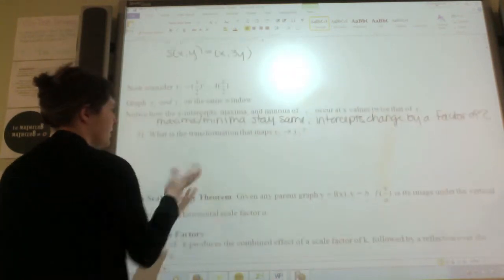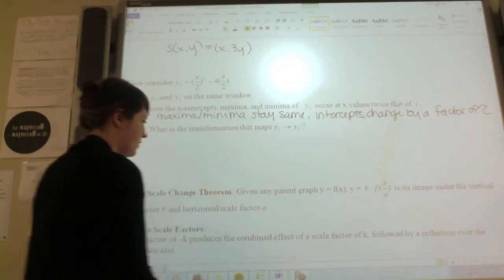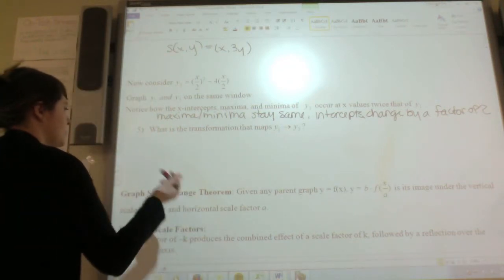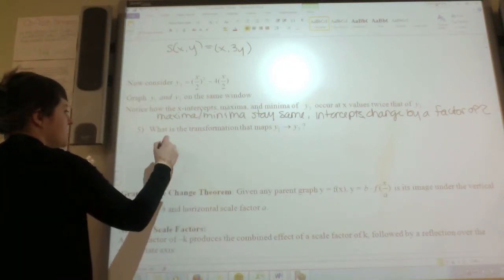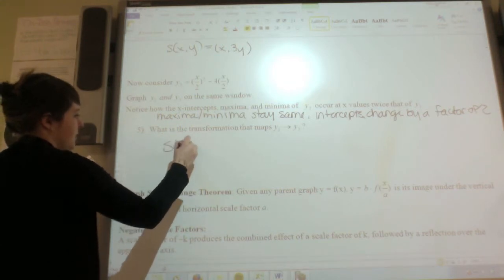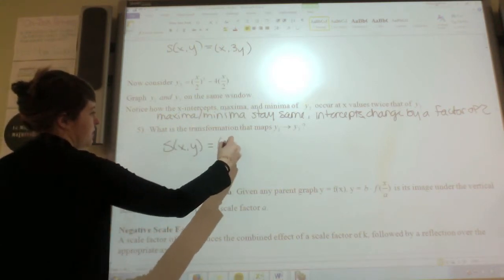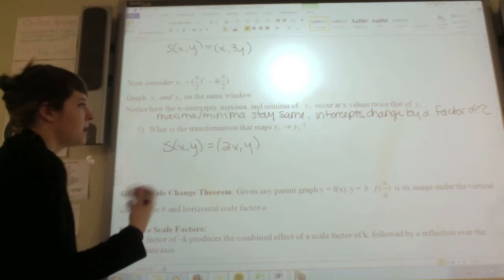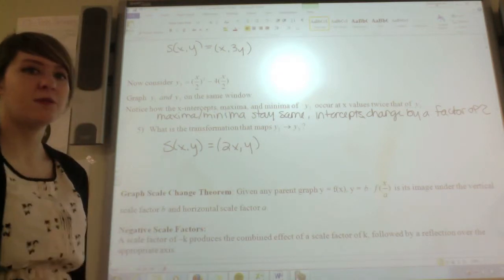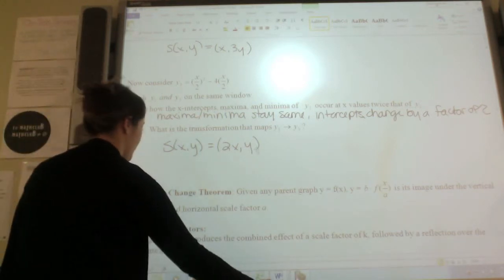Okay, so what is the transformation that maps y1 onto y3? Well, in this case, we're changing our x values, so this is going to be S of (x, y) equals (2x, y). So I'm not changing my y value in this case, but I am doubling my x value.